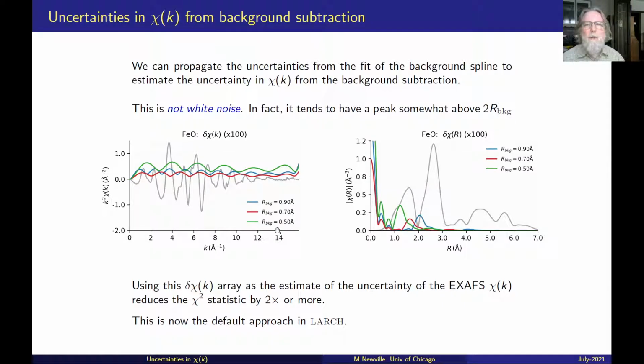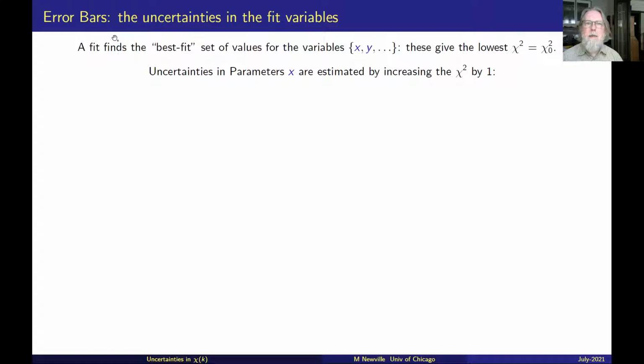It's very important to use the uncertainties in the data and the best chi-square value to estimate the uncertainties, or the error bars, in the fit variables. All of those parameters need uncertainties. They need to be reported at all times.